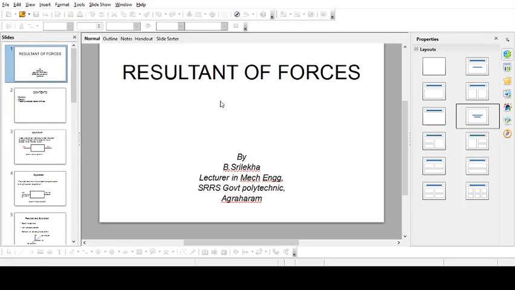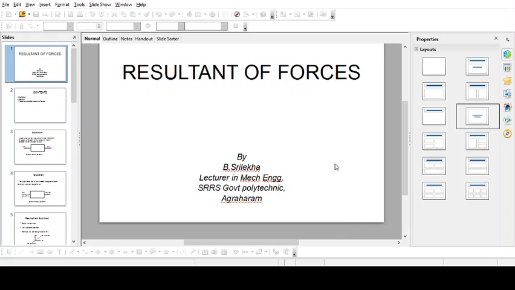Next, plus 60 into cos of 180 plus 60, that is 240, or minus 60 into cos 60 also you can take. It is better you take from the right hand side, it is simpler. So 60 cos of 180 plus 60.